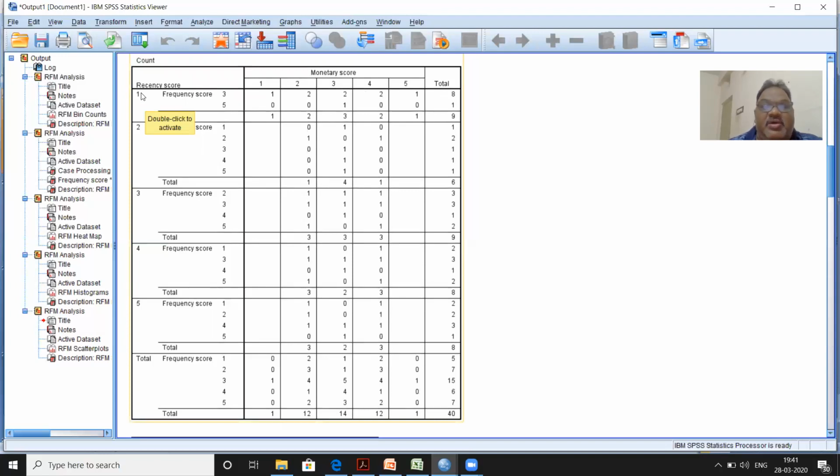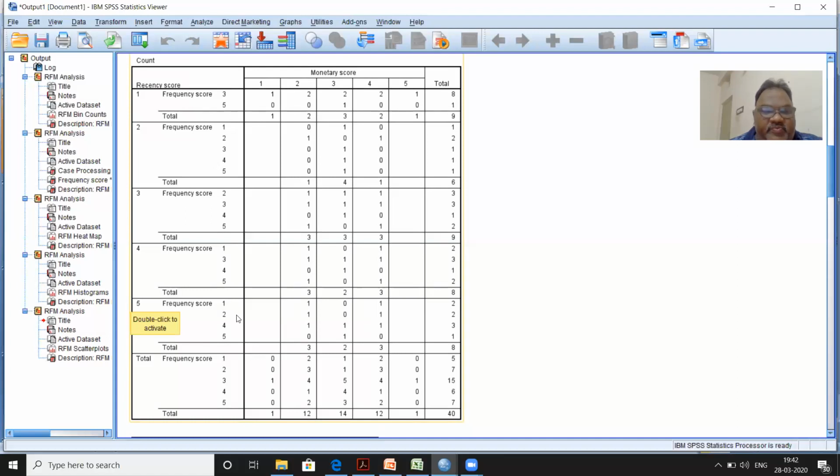Recency score is 1. Out of 8 customers, there is only one customer who is a high spender but is not a frequent visitor. And 3 customers are your high spender customers where the recency value is 1. How is it when it is 5? 5 means the most recent customer. But you see, when it is 5, there is not a single customer who is a high spender. It means frequency is high and they are average.